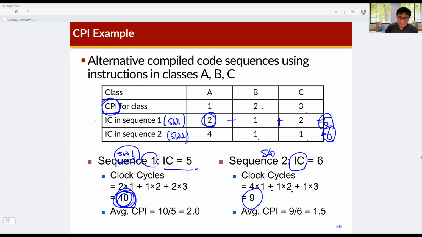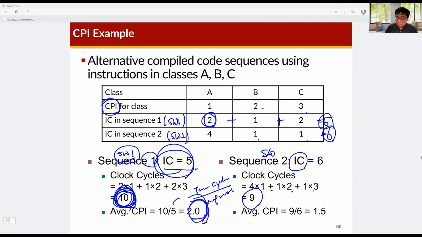And then what is the average CPI? By the definition of the CPI, it is the total clock cycles divided by the instruction count. The total cycles are 10, and the instruction count is 5. So for sequence 1, the CPI is 2.0, right?